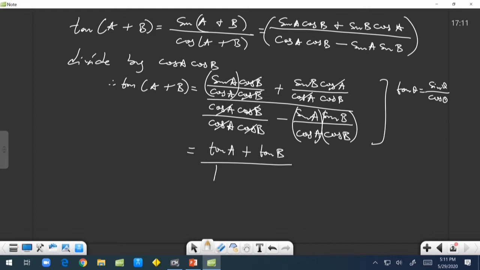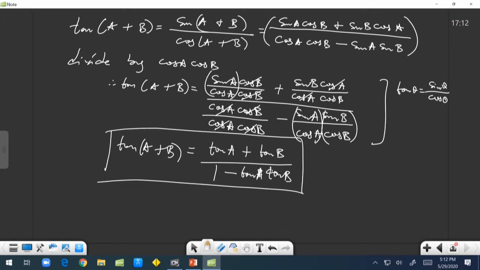So everything is cancelled out. 1 minus sine A over cos A is tan A. That's tan A. Sine B over cos B is tan B. So at the end, we have tan A plus tan B divided by 1 minus tan A tan B.